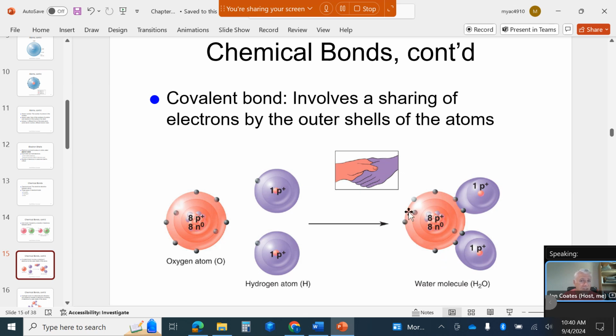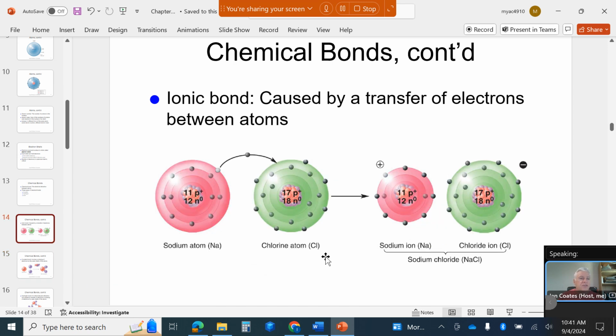So now oxygen has 1, 2, 3, 4, 5, 6, 7, 8. Happy. This hydrogen has 1 and 2. It's happy. And this hydrogen also has 2 electrons. In this way, we have now formed a molecule.